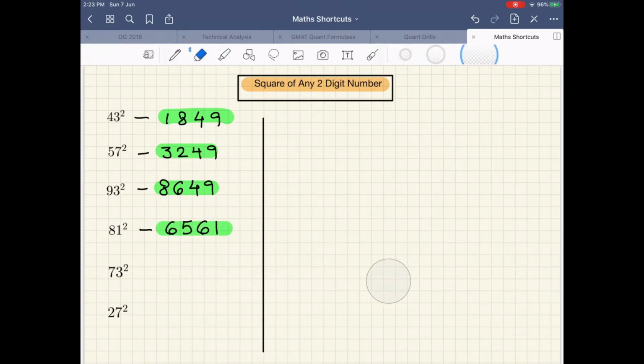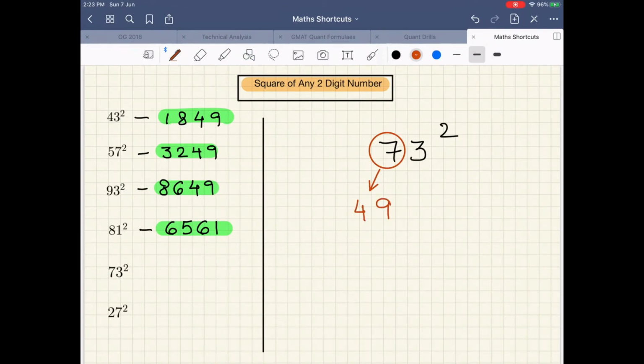The next question, 73 square. So 7 square is 49. 3 square is 09. 7 3s are 21. 21 2s are 42.